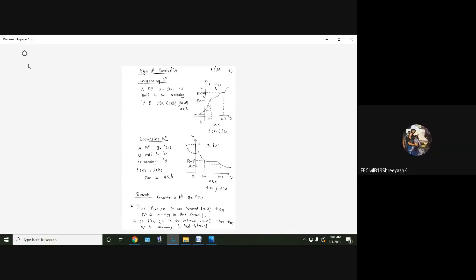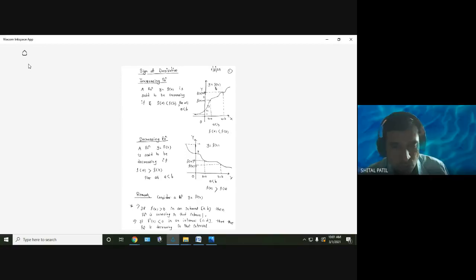Tell me what will happen if f dash of x equal to 0?